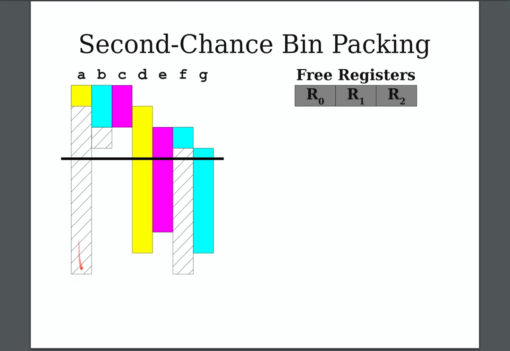But of course, for other uses of these variables, we'll have to do more splitting. Okay, so D is not used at this point because if we look at our live variable analysis, we know that D is not used here.